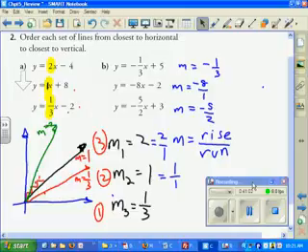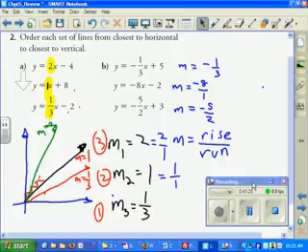But it's a matter of how much it's going down that we're looking at here. -1, so that's sort of going down, and it's going across 3. -8 is going way steep and only over 1, so that's pretty steep there.